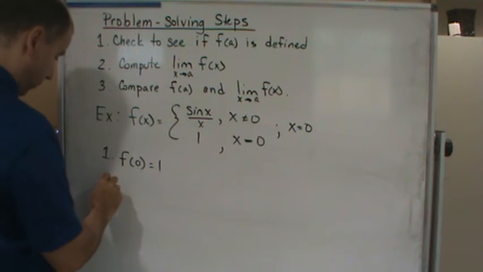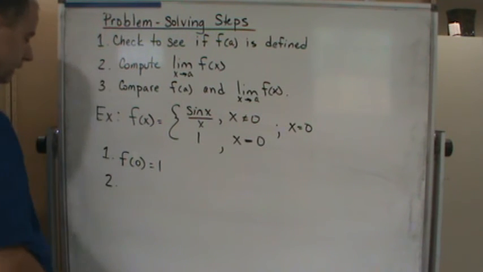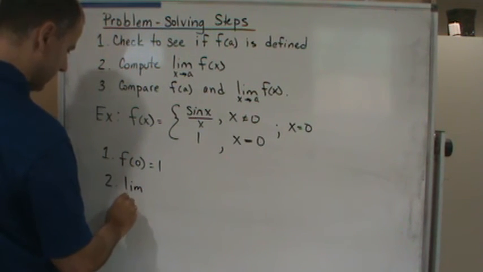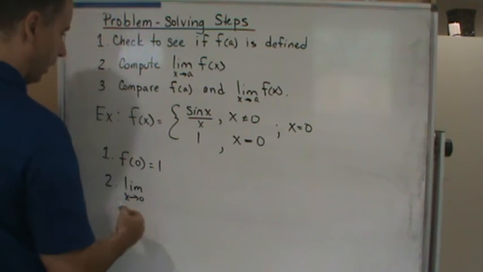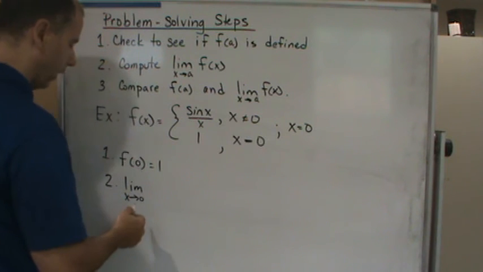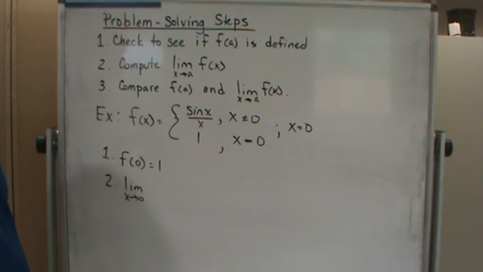Okay, condition 2. The limit. So what's the limit as x approaches 0 of f of x? Well, again, we're going to have to do this from the right and the left.